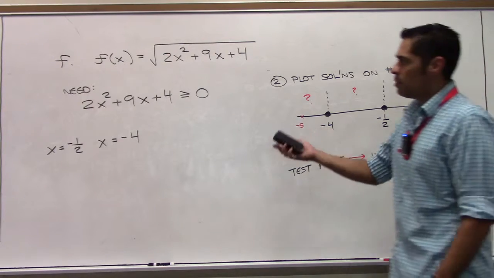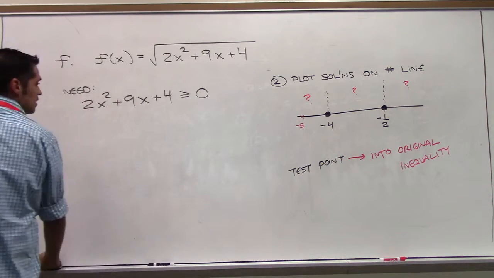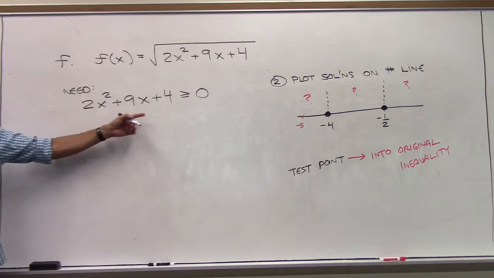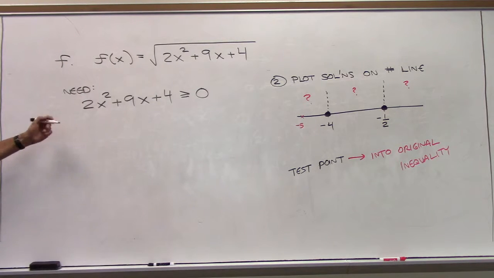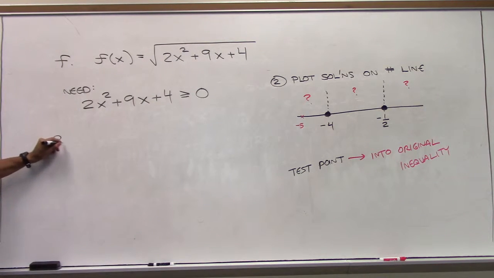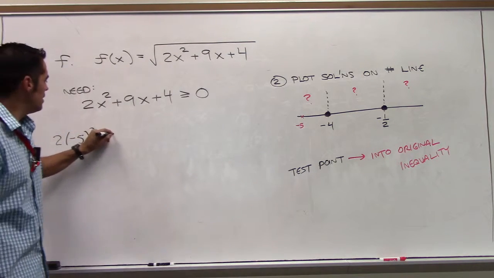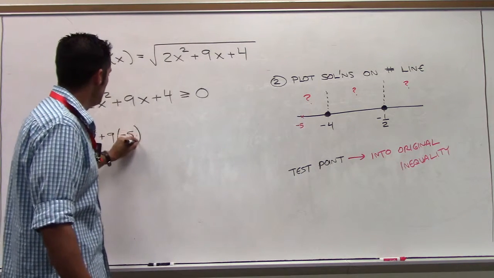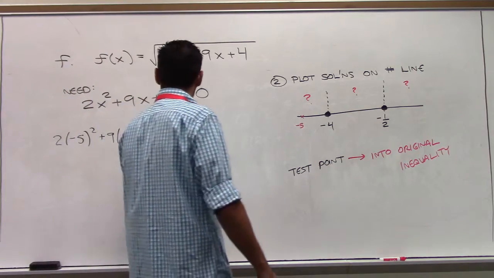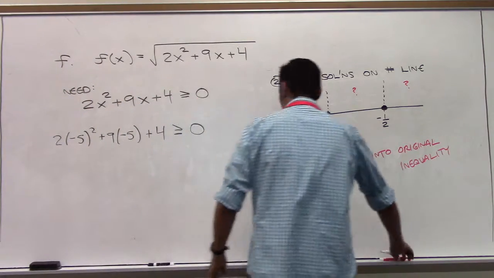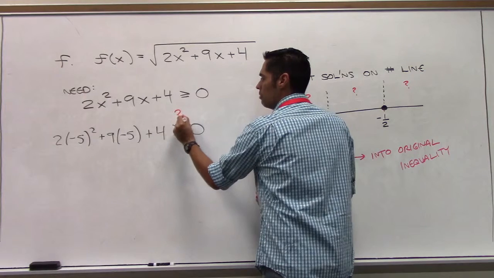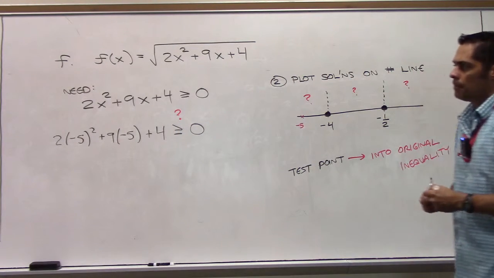So come back to the original inequality, and let's plug negative 5 in here and see if it works. So I do 2 times negative 5 squared plus 9 times negative 5 plus 4 greater than or equal to 0. And I'm asking myself whether or not that's true. Is it or not?